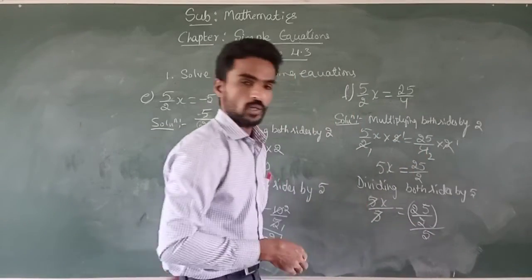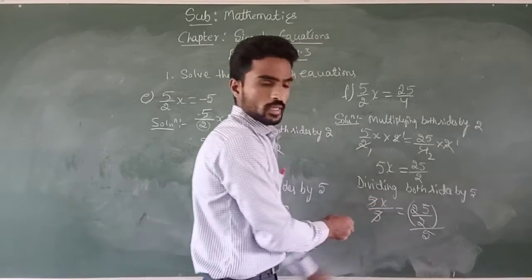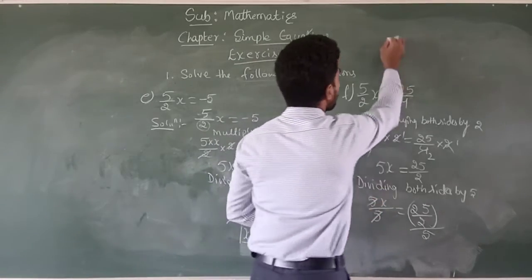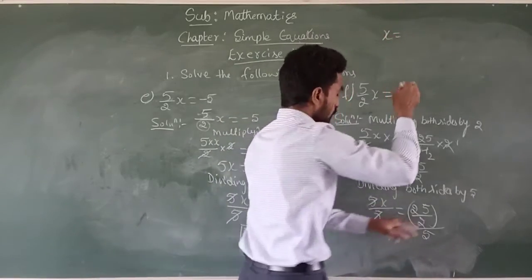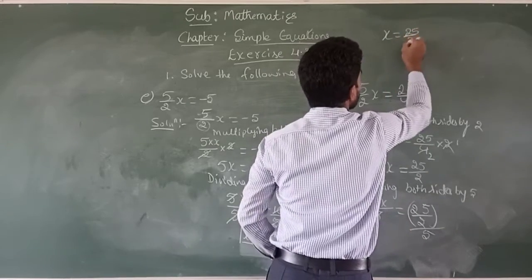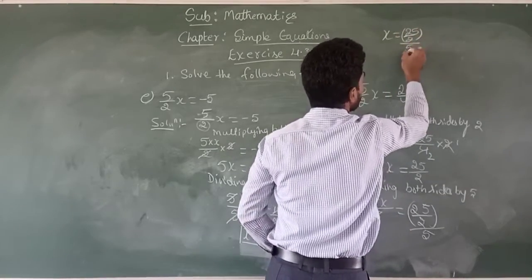Here the 5 will be cancelled out. Then the remaining term is x is equal to 25 divided by 2 whole divided by 5.